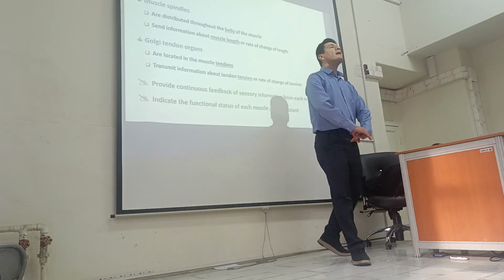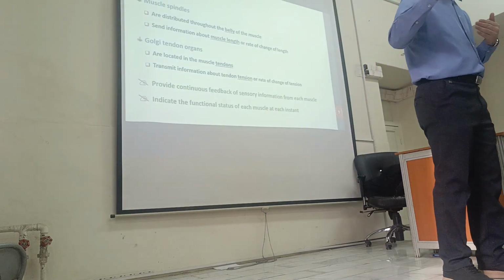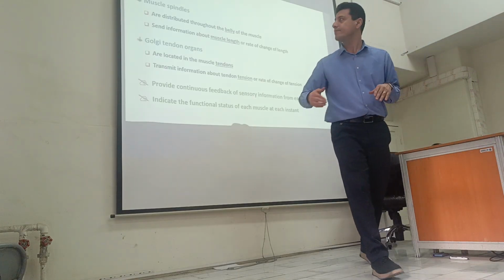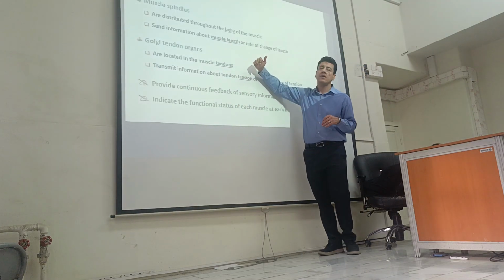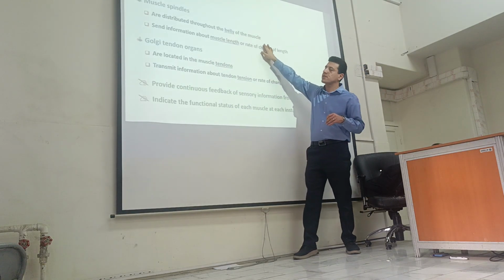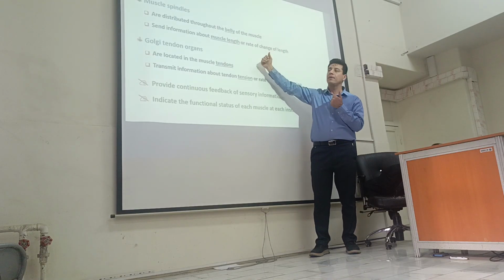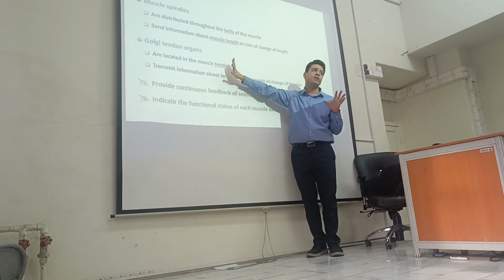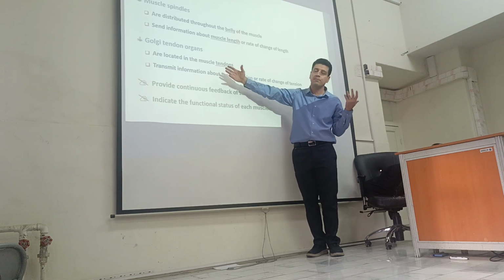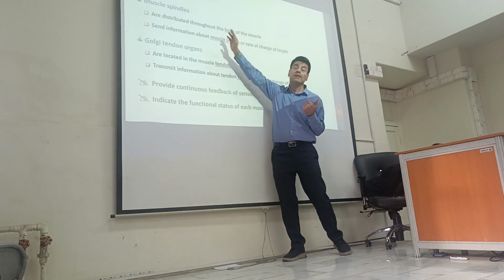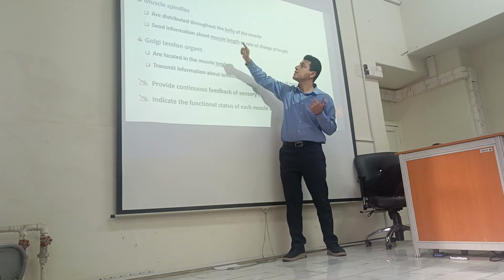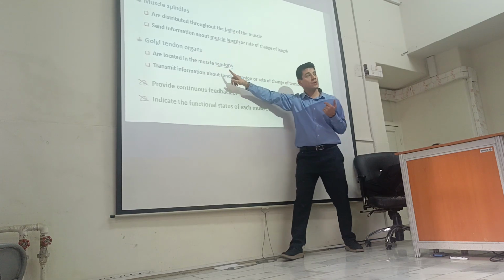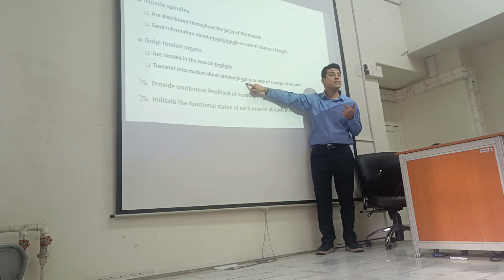Okay. So in a muscle, we have two types of receptors, muscle spindles and Golgi tendon organs, GTOs. So muscle spindles are distributed throughout the muscle, so all over the muscle we have them. But Golgi tendon organs can only be found in tendons, at the junction of the tendon and muscle fibers, right? So this is very important. Muscle spindle is sensitive to length, but Golgi tendon organ is sensitive to tension.